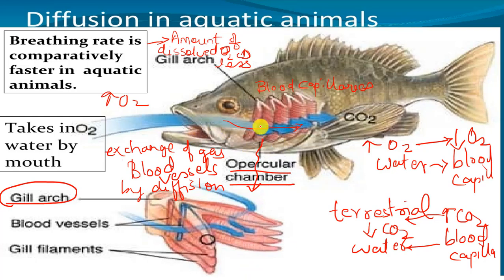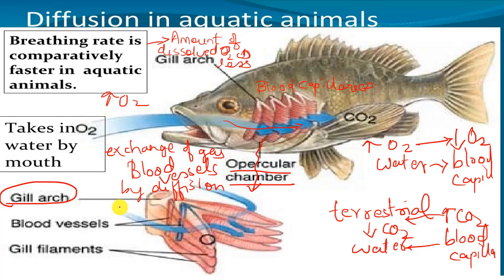That carbon dioxide has to come out of the fish body, otherwise it is going to harm the fish. So from where is it coming out? It is coming out from the opercular chamber, and the blood, which is now rich in oxygen, will go to all parts of the fish body and give the fish the energy required for its various life activities.